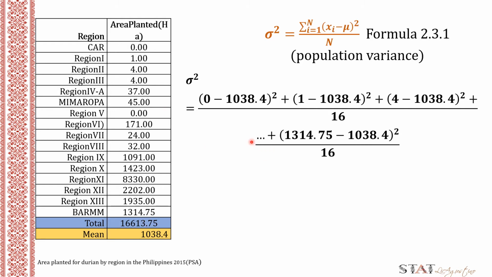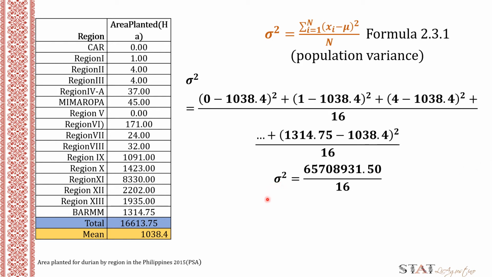So we can see there the ellipses, until the BARMM region. So divided by the population size, we have the 16 regions in the Philippines.